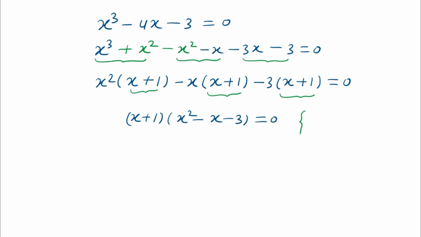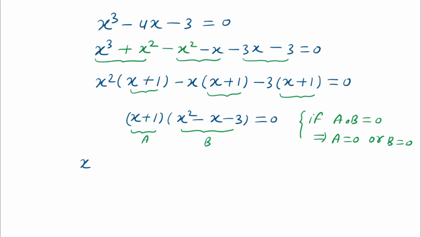Now if we apply this rule, if a times b equals 0, this implies a equals 0 or b equals 0. Then x plus 1 is a, and x^2 minus x minus 3 is b. So here x plus 1 equals 0 or x^2 minus x minus 3 equals 0.